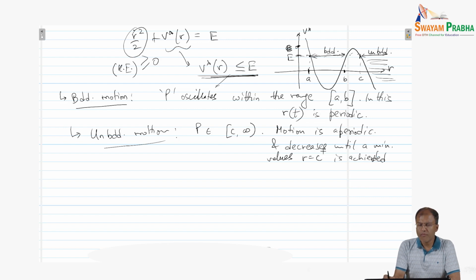Basically what I'm writing here is that the minimum of the kinetic energy in this range C to infinity is achieved at the point C, and as you go farther and farther away from C, the speed of the particle increases, the R dot increases, and it increases without bound. So that's the case.